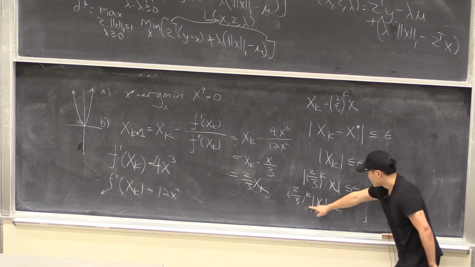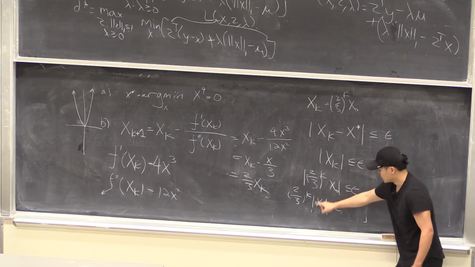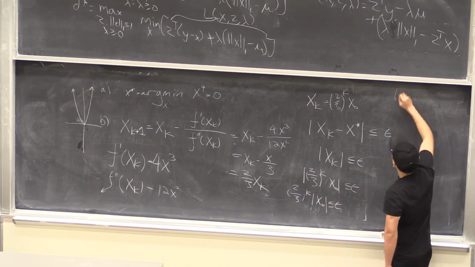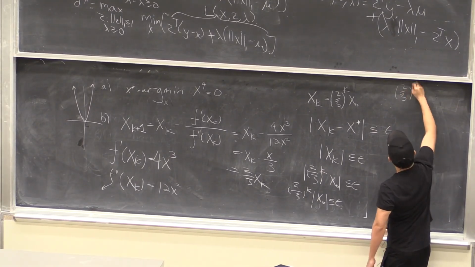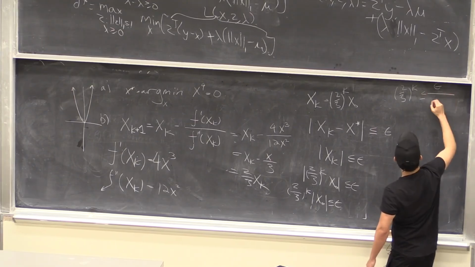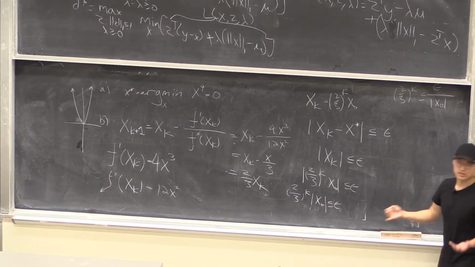I want to get k on one side, so I want to divide by the absolute value of x_0 on both sides first. Okay, and now we take the log.